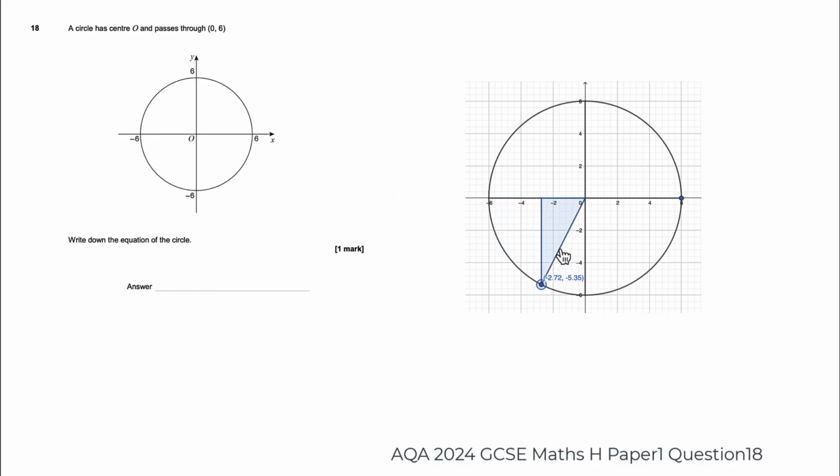So no matter where that point is, whether the coordinates are positive or negative, the x squared plus y squared will always give you 6 squared. So that's what we mean by the equation of this circle. It's true for every single point on that circle. X squared plus y squared equals 6 squared.